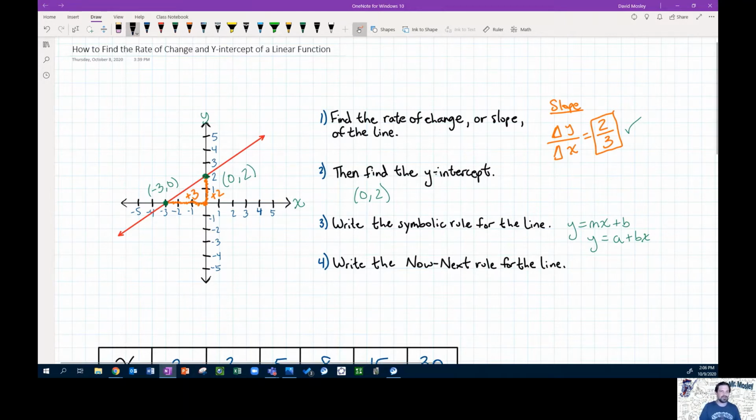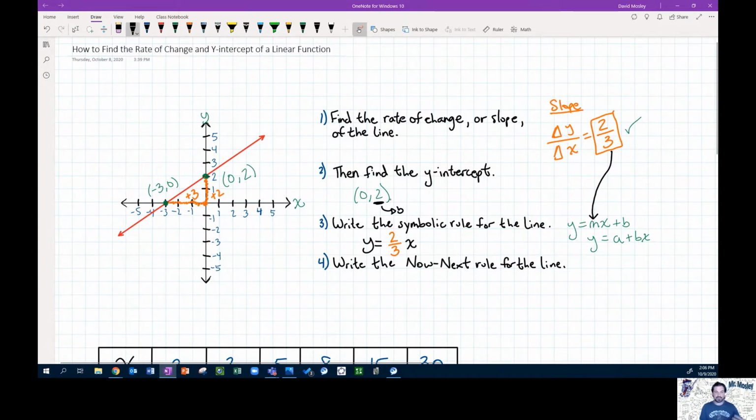So we already have the pieces we need. We have our slope, which will replace m in our formula, and we have the y value of the y-intercept, which will become b. So in our rule, we have y equals 2/3 x.